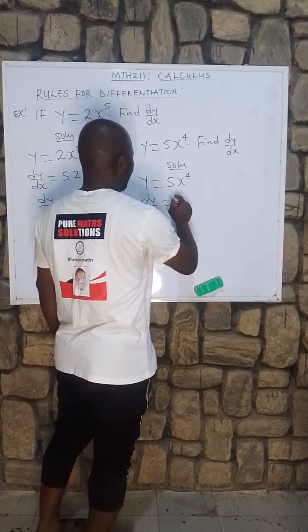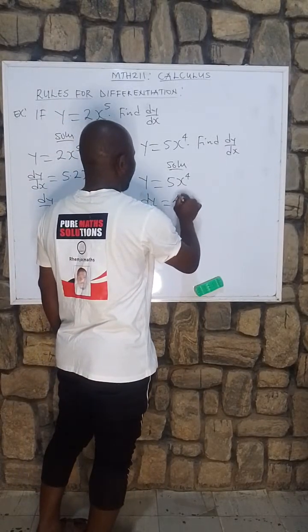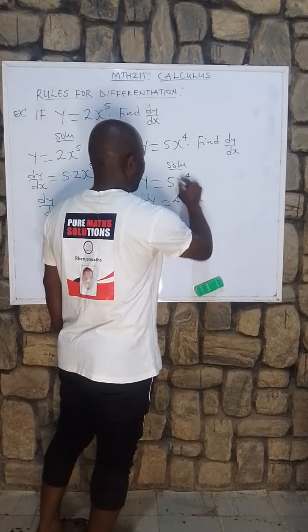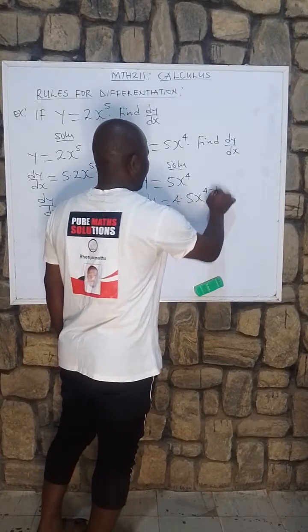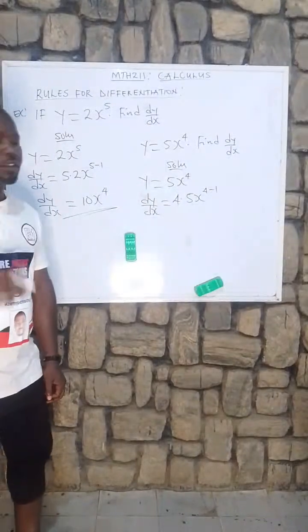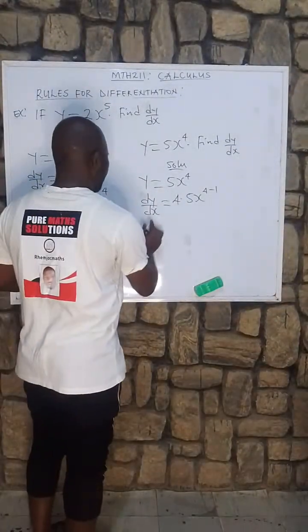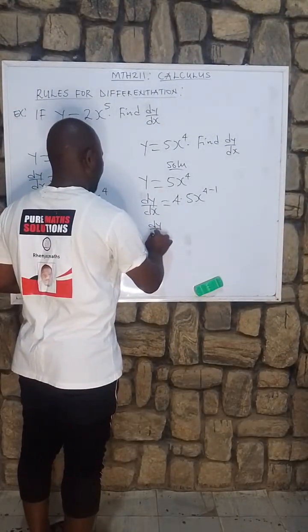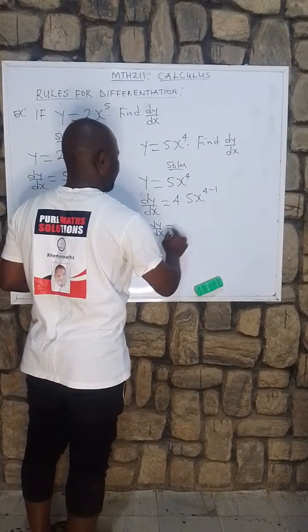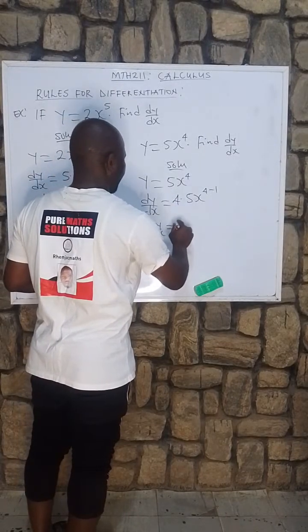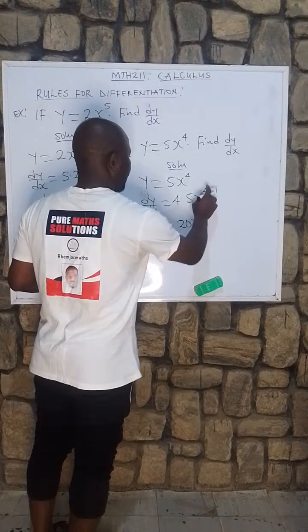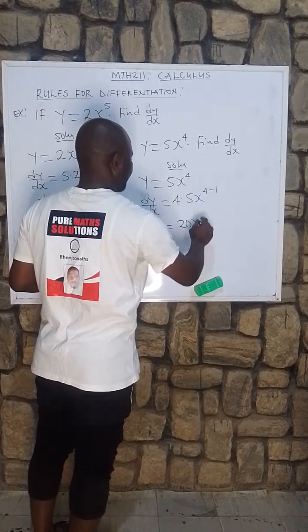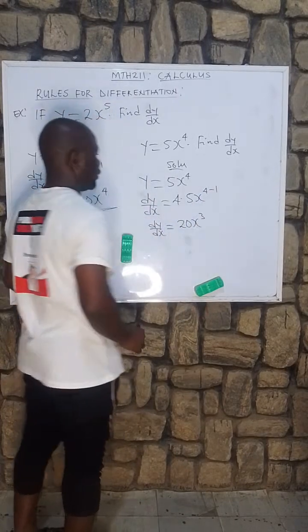So you are going to have 4 times 5x raised to the power of 4 minus 1, according to the formula. So this dy over dx is going to be 4 times 5, 20x raised to the power of 4 minus 1, which is 3.